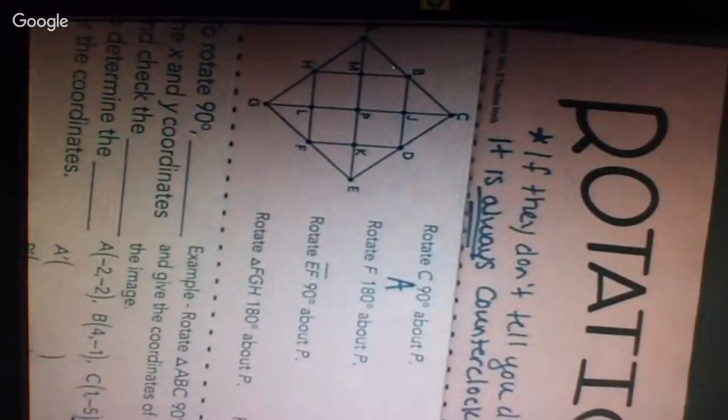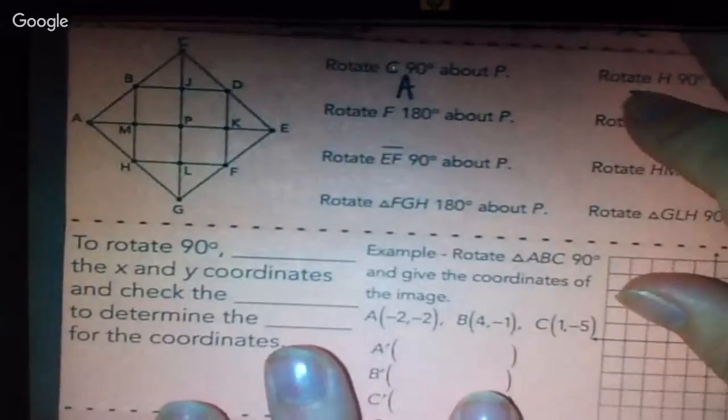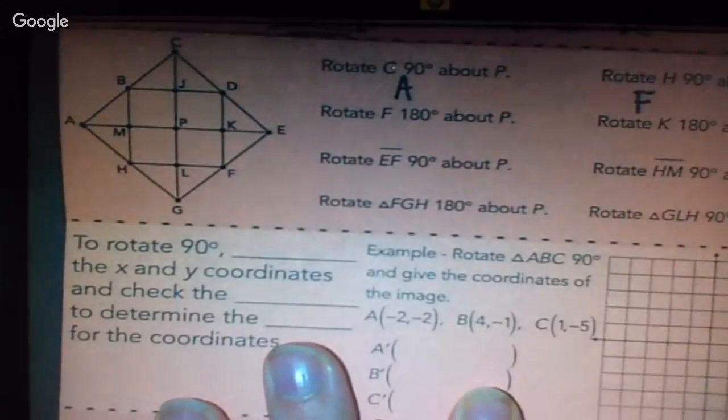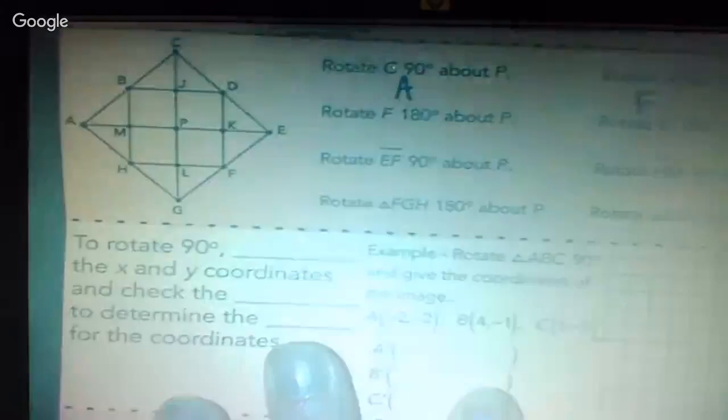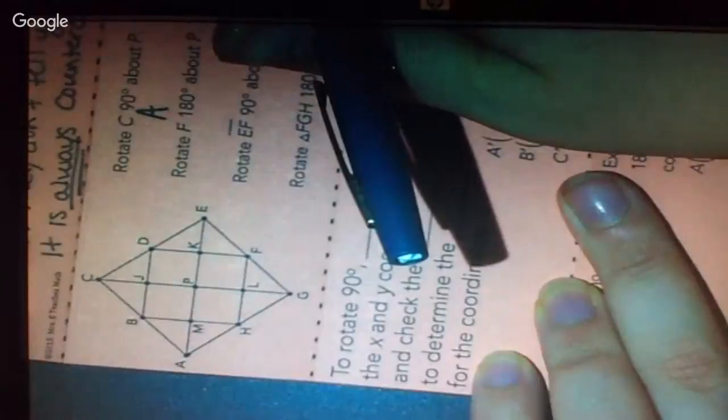I totally get why you're doing that, but I can't figure out a way to word it. So if you need to, literally, turn your paper. So rotate 90 degrees counterclockwise. Counterclockwise means we rotate to the left. So I rotate my paper to the left. Where is this counterclockwise?